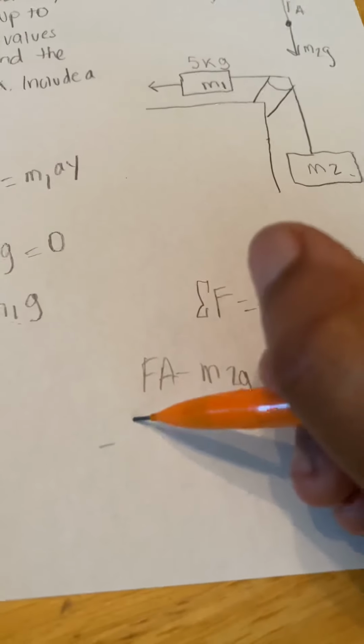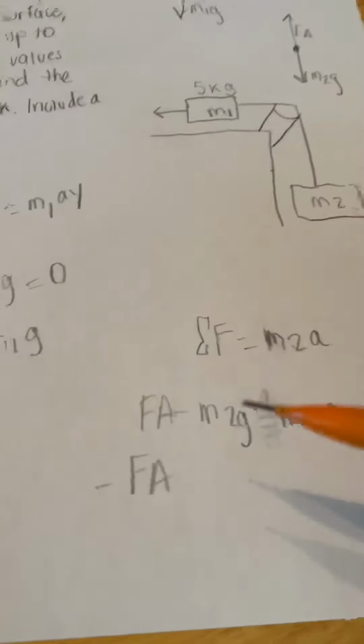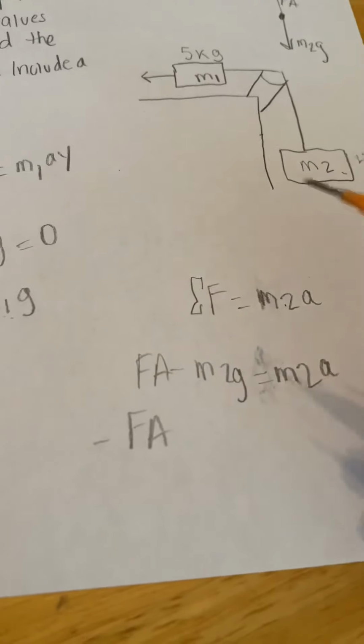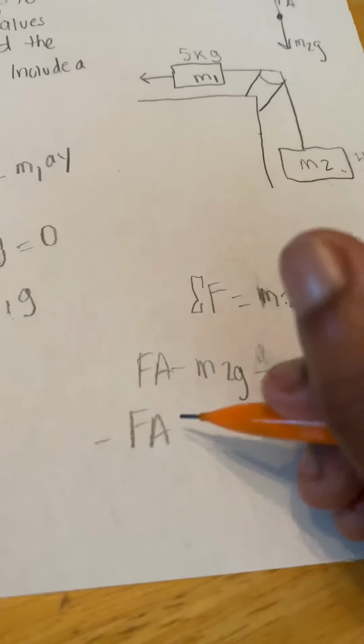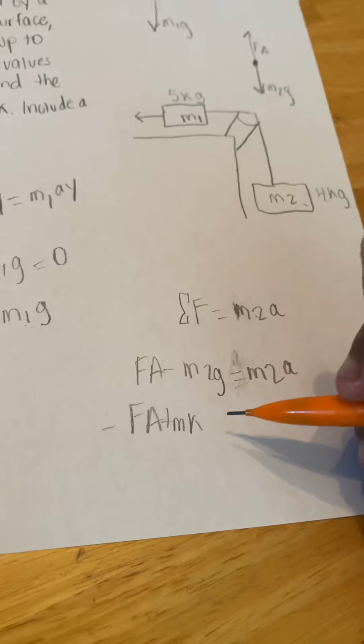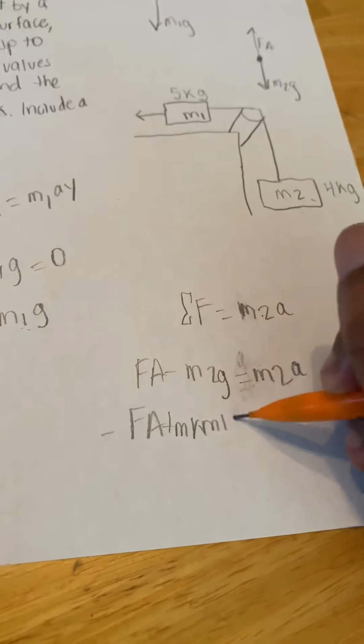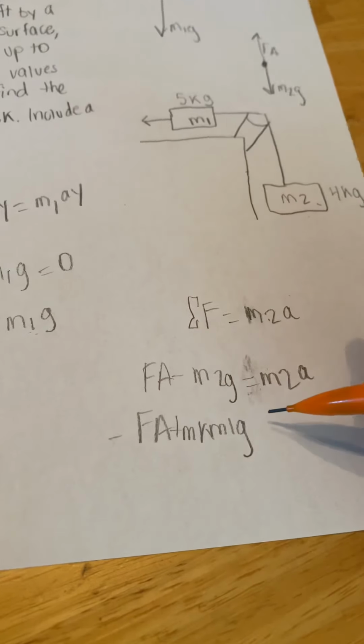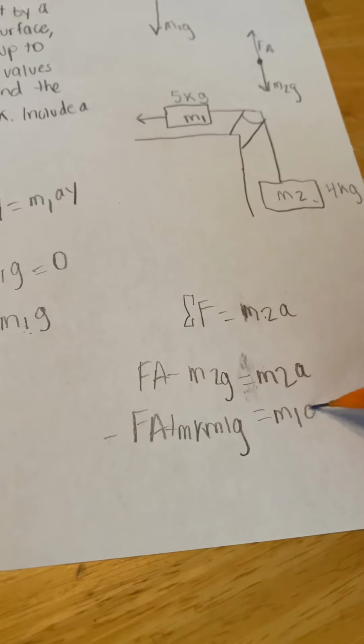So it'll be negative Fa. I just arranged it so they would cancel out. Negative Fa plus mu_k M1g equals M1a.